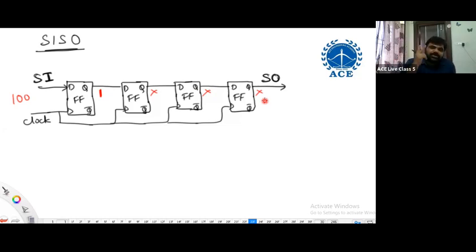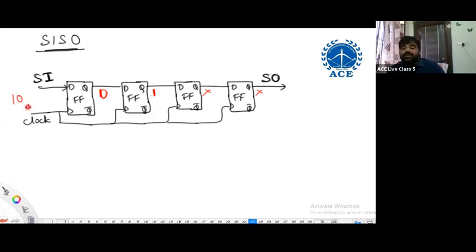Right. Now, at the second clock edge occurrence, I am feeding the second bit. After the second clock edge, 0 will be available here, and here it will be 1, because the 1 that was here is shifted to this. This is the status of the register after the second clock cycle. Now, at the third clock edge occurrence, I am applying the third bit. After the third clock edge, it is 0, the 0 will be shifted, and the 1 will be shifted to this.